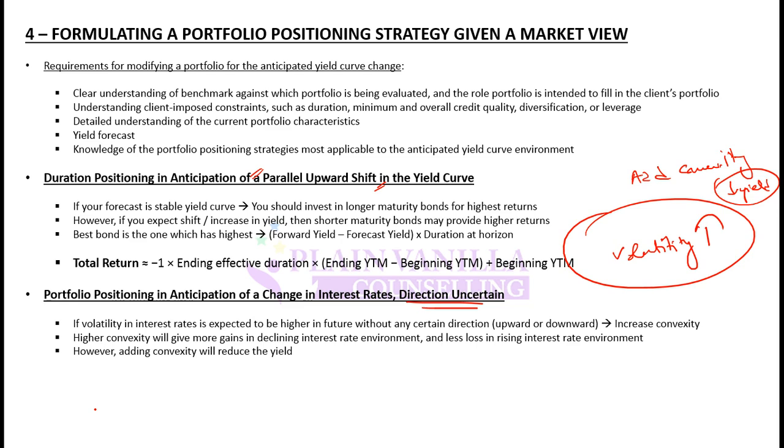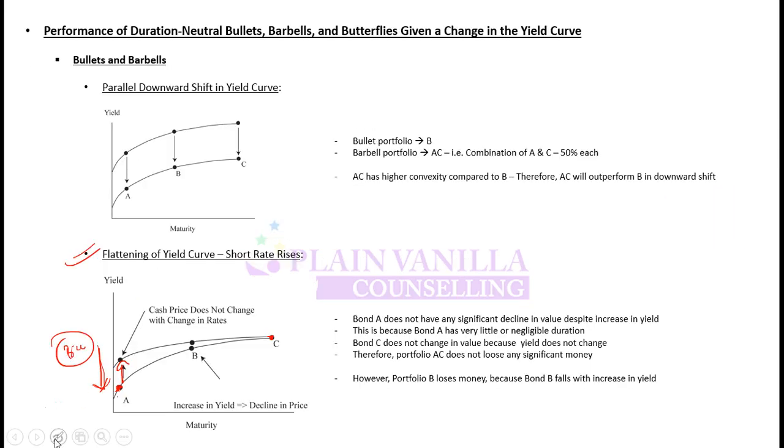And remember that we discussed this equation, that it does not only depend on change in yield, it also depends on duration. If duration is 0, then no matter how much the change in yield is, the overall impact will be 0. So this impact will be negligible. That means no loss or gain here. At B, yield is increasing, so price will fall. At C, no change in yield. If change in yield is 0, no matter what the duration is, your loss or gain will be 0.